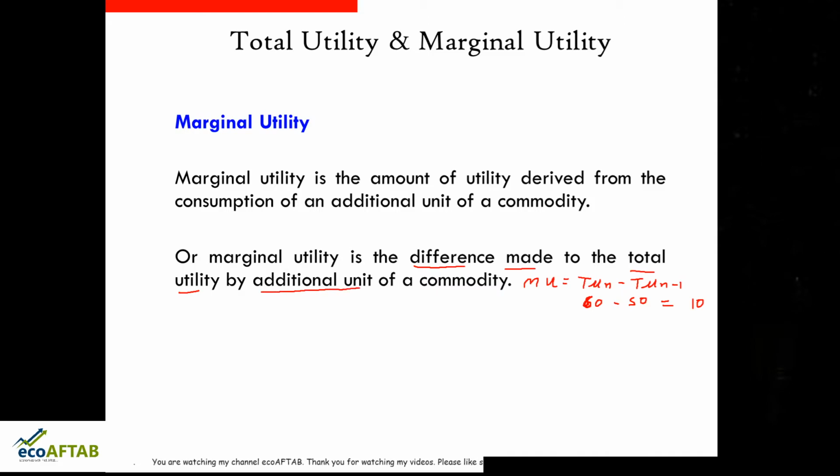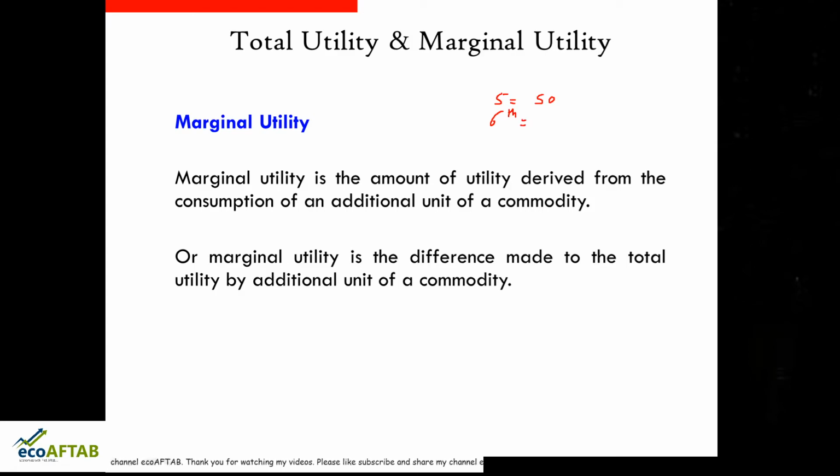As I said, additional unit. So I'll make it easier. Let us say I'm consuming 5 units of a commodity, and from these 5 units I'm getting 50 utils of satisfaction.